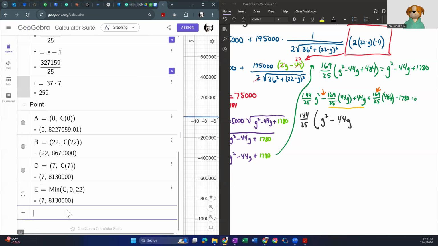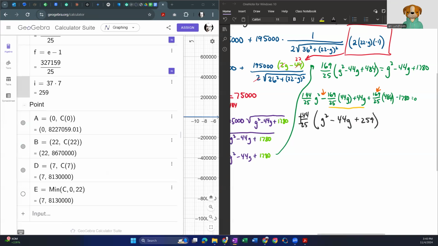So this part to the right should work out to be 259 once you factor out a 144 out of 25 over 25. And then this is the way that it should reduce. And I'm sorry, this was completely gross. Apparently, 259 is 37 times 7.